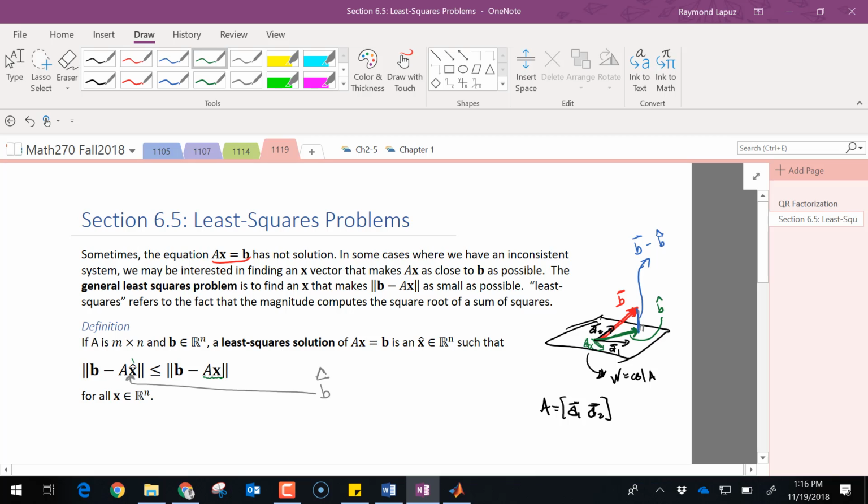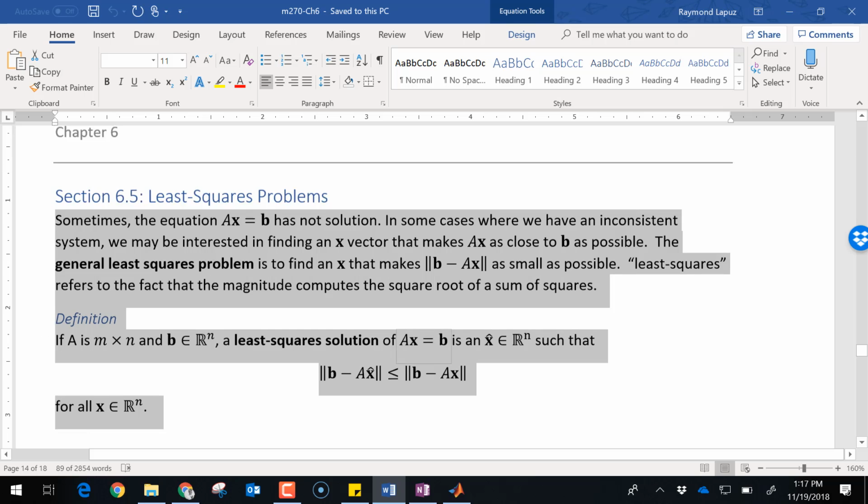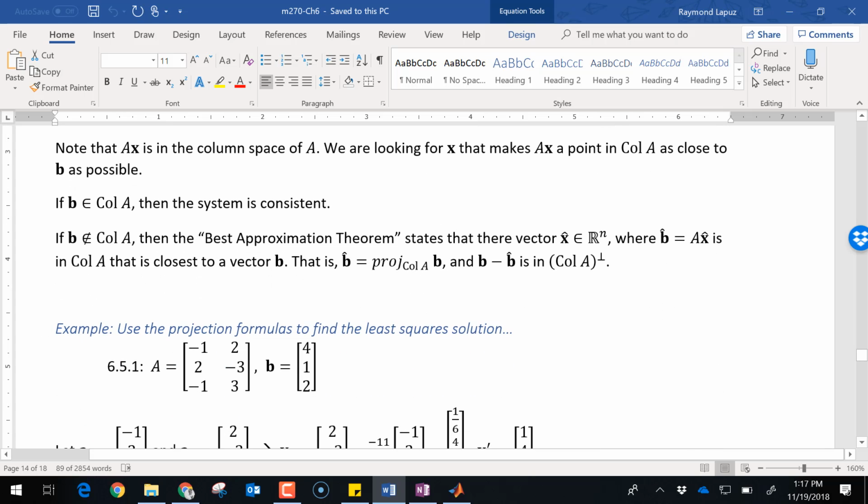And what they're saying is that the smallest number you can get if you were to find the difference between b minus b hat, the smallest you can get is this projection vector. So we'll see this a little bit later, that b hat is actually A x hat. And we have to find out what x is. Eventually, our solution is going to be in terms of x. And we'll get to that in a second. All right, so that's the least squares problem. Here are a couple of notes.